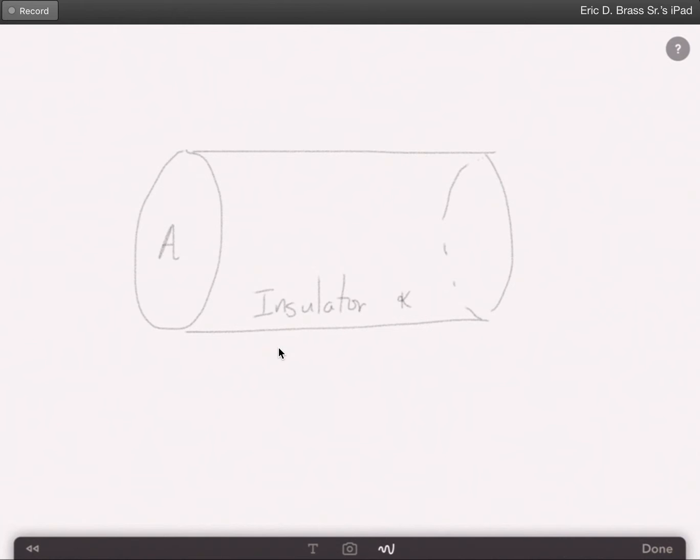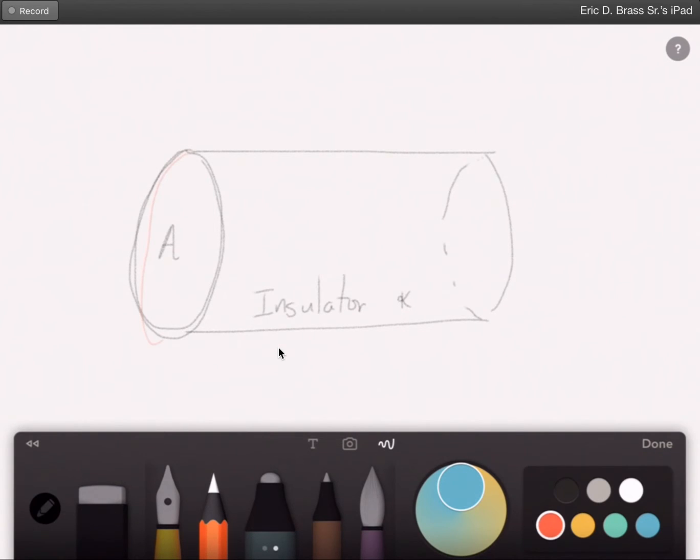And when I say area of overlap, I'm talking about how this plate overlaps with this plate. Okay. Just in case that wasn't clear, how this plate on this side overlaps with this plate.